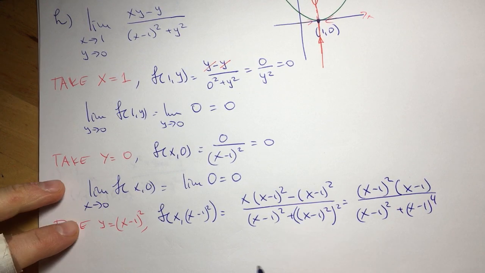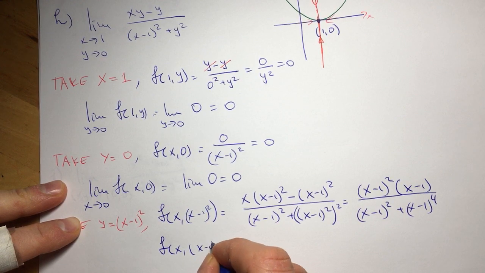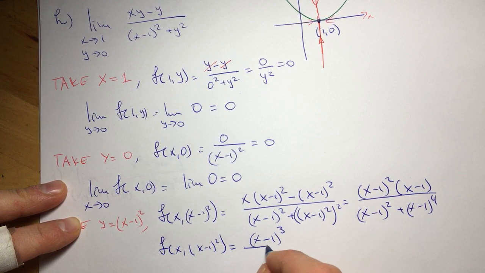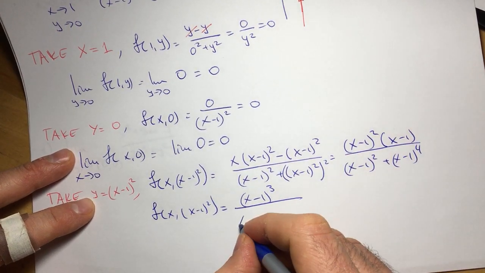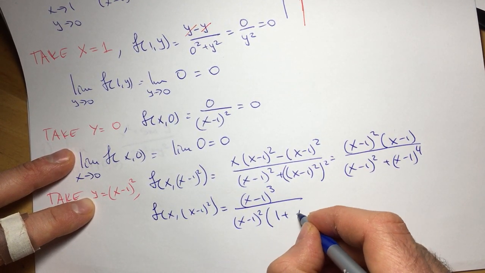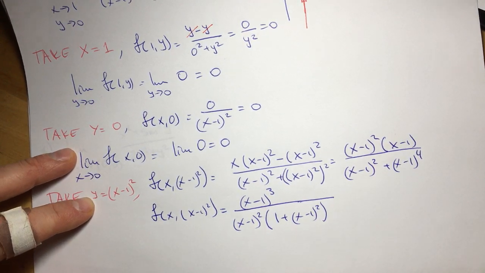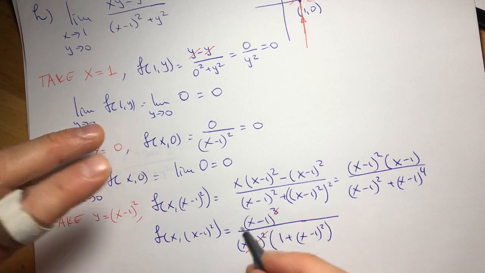Okay, so we can continue simplifying this. f of (x, (x minus 1) squared) is equal to (x minus 1) cubed over, here I can factor (x minus 1) squared, and I get 1 plus (x minus 1) squared. Okay, so here I can cancel these two factors.